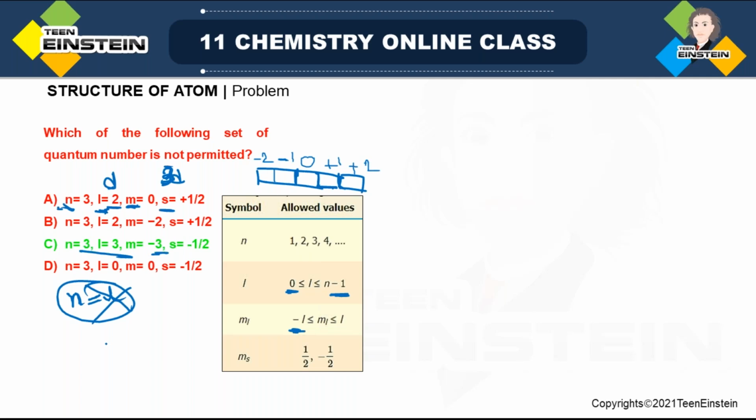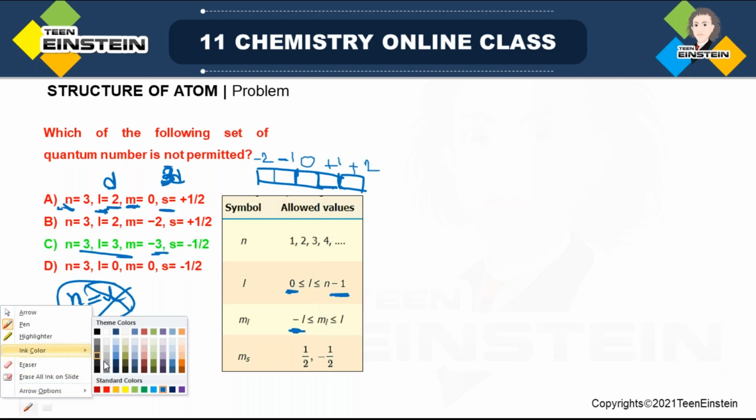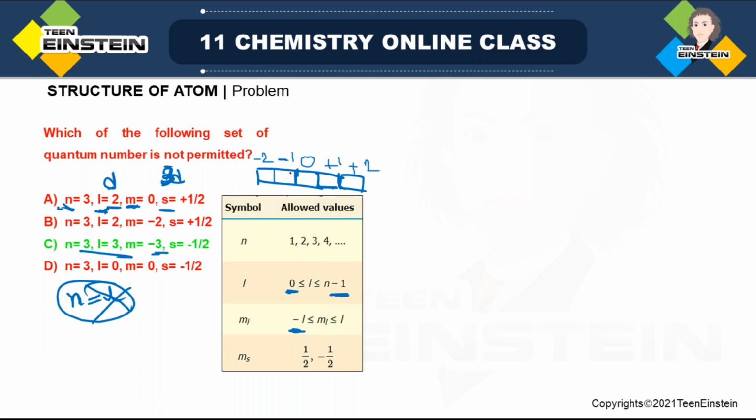And here ml value is 0. So the placement of the electron, and s is plus up. So it can be like this.